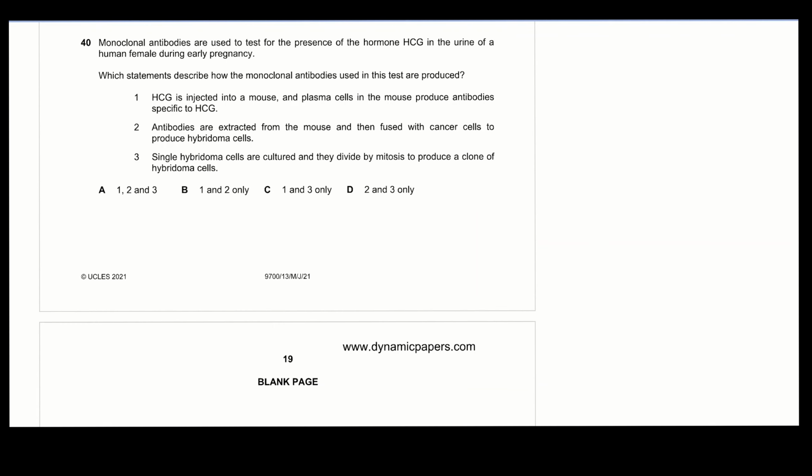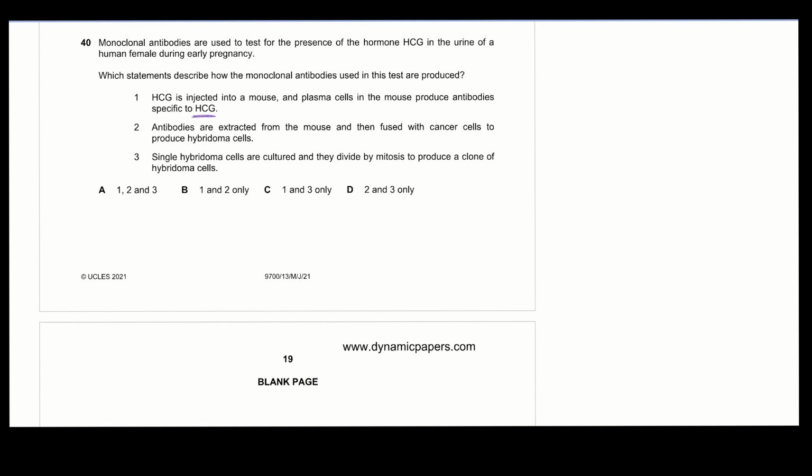40. Monoclonal antibodies are used to test for the presence of the hormone HCG in the urine of a human female during early pregnancy. By the way, just a side note, HCG stands for human chorionic gonadotropin. Which statements describe how the monoclonal antibodies used in this test are produced? 1. HCG is injected into a mouse and plasma cells in the mouse produce antibodies specific to HCG.